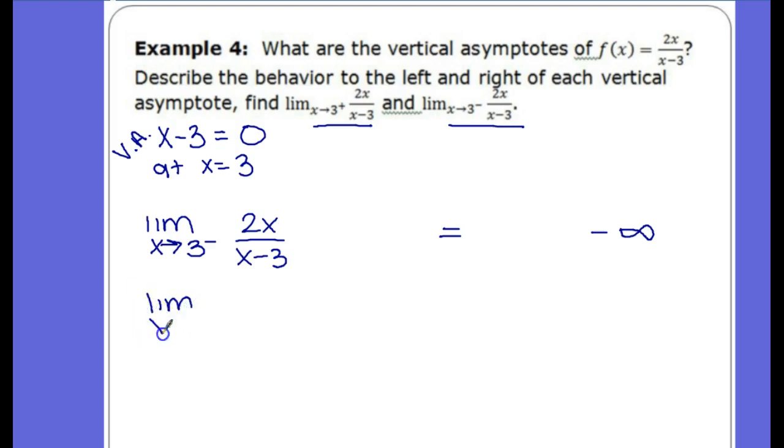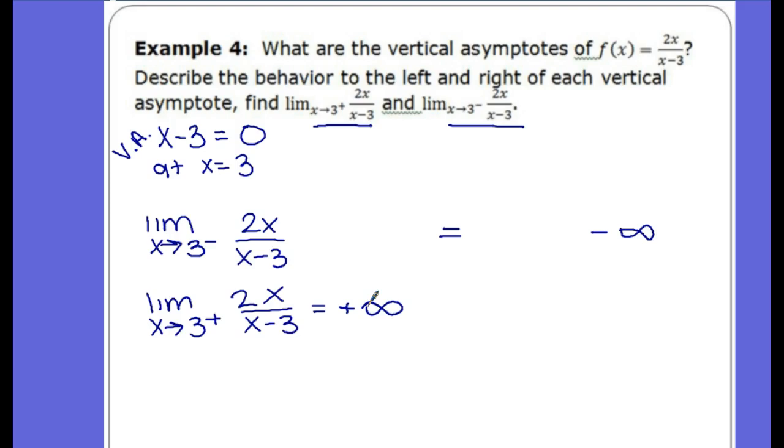So the limit as x approaches 3 from the right is going to be a positive infinity, because think about it, if you plug in something like 3.01, positive times a positive is positive, 3.01 minus 3 is now 0.01, so we get a positive, so positive divided by a positive gives positive infinity.